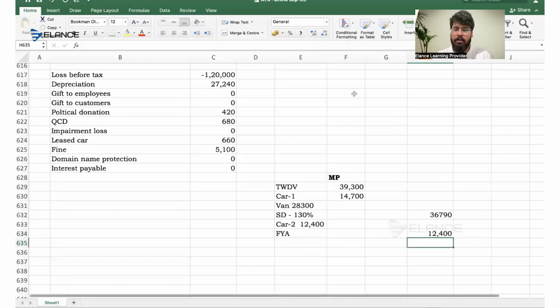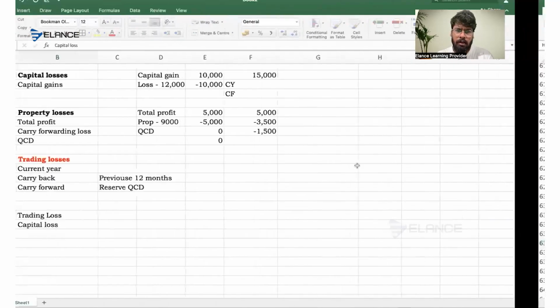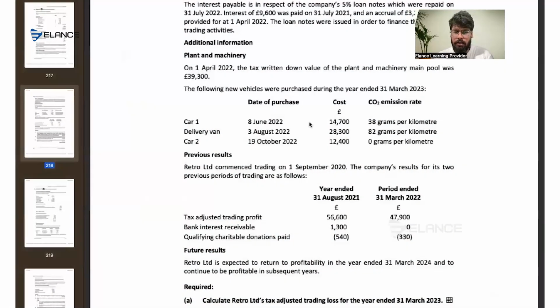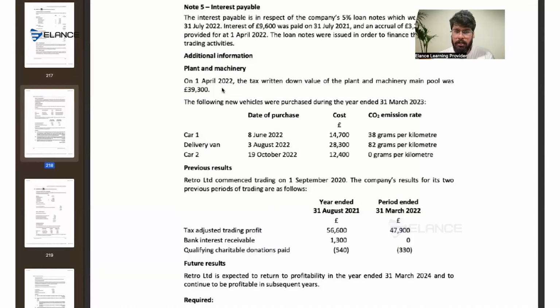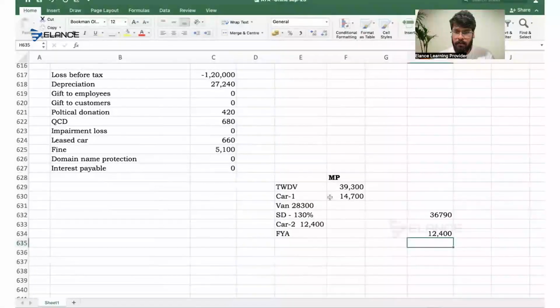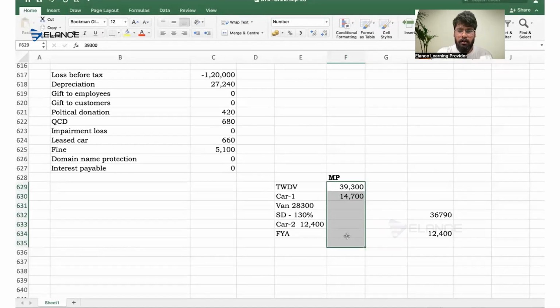We are done with the purchases, and there is no disposal in this particular period. Nothing was disposed in this period, so we can complete our computation. We only have a main pool. In the main pool, we have the opening TWDV and the first car's purchase price.